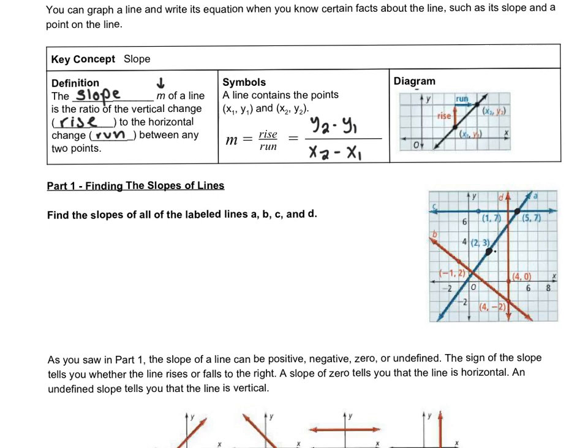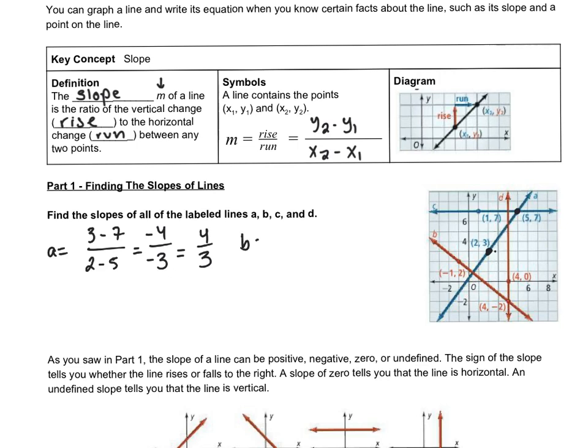So y2 is 3 minus 7 over 2 minus 5. So 3 minus 7 is negative 4. 2 minus 5 is negative 3. Well, 2 negatives give us a positive, so our slope is 4/3.